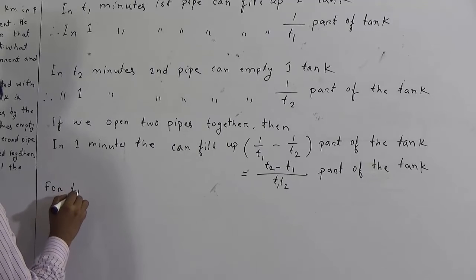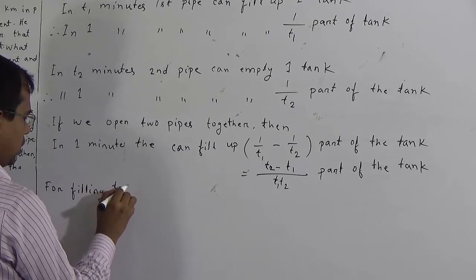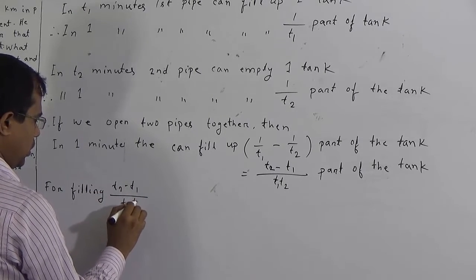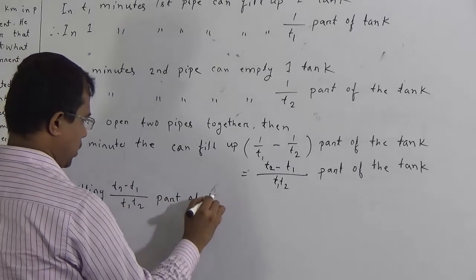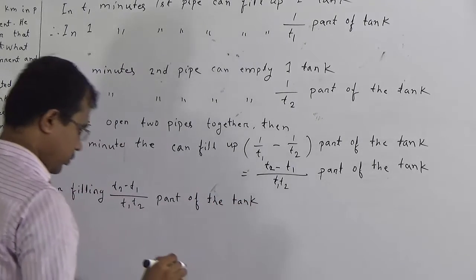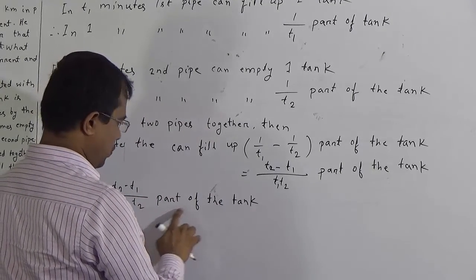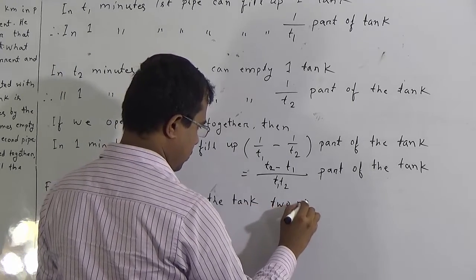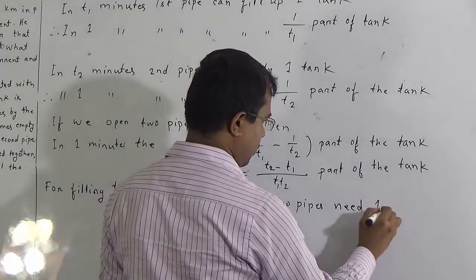For filling T2 minus T1 by T1 T2 part of the tank, 2 pipes need 1 minute.